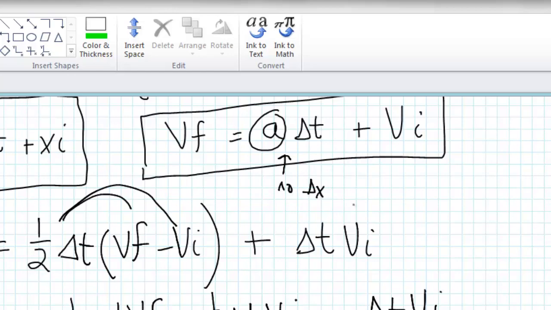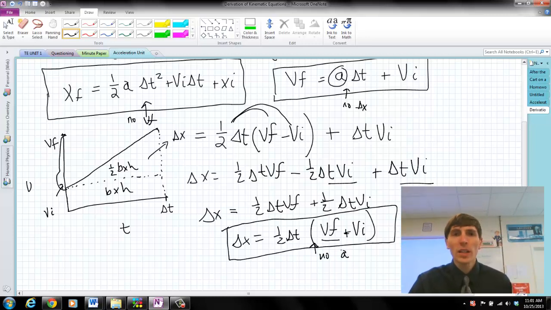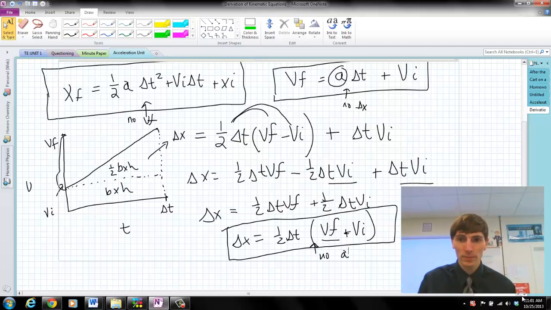No delta x. Looking at this one down here, it doesn't tell me anything about acceleration. So what I need is an equation that relates final velocity, delta x, and acceleration. I want an equation that relates all of those, so that we can have an equation that doesn't have time but relates all those other variables.